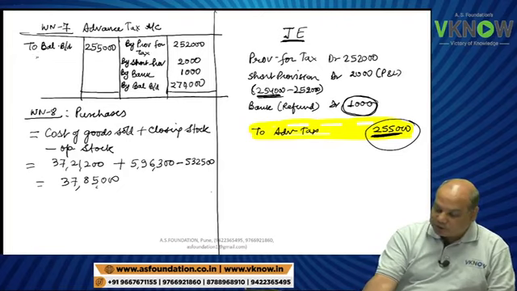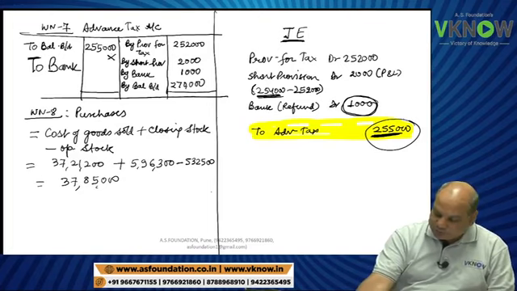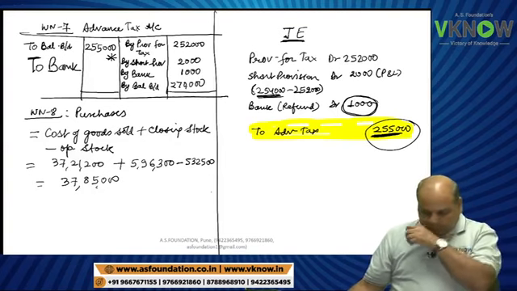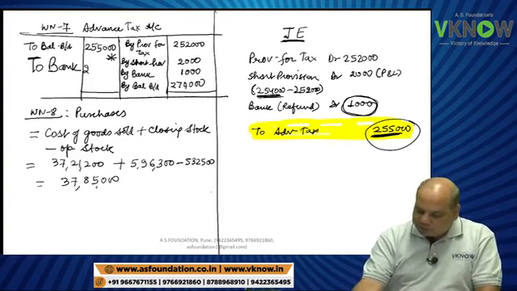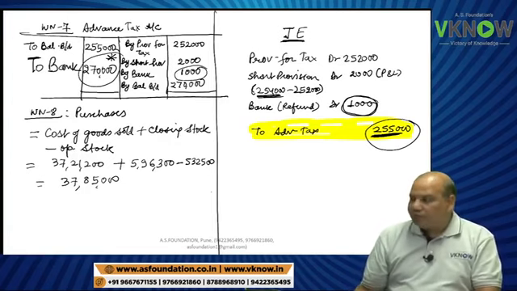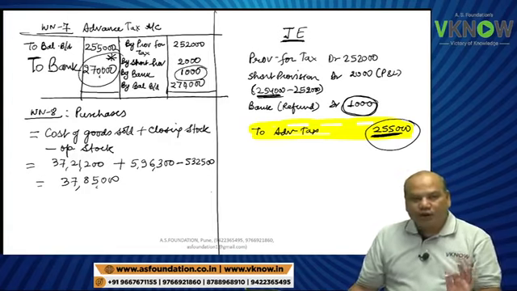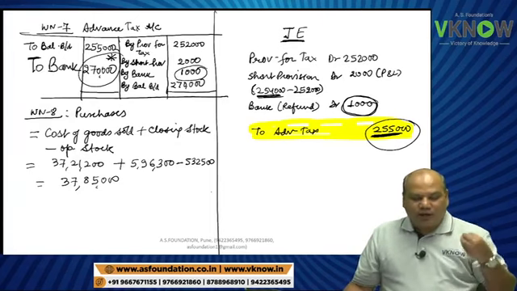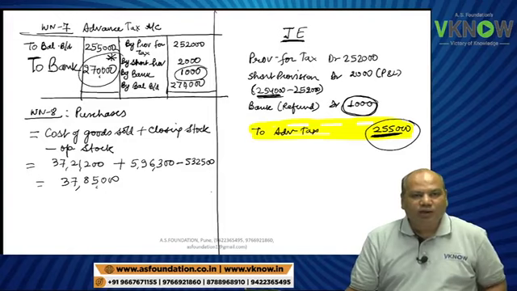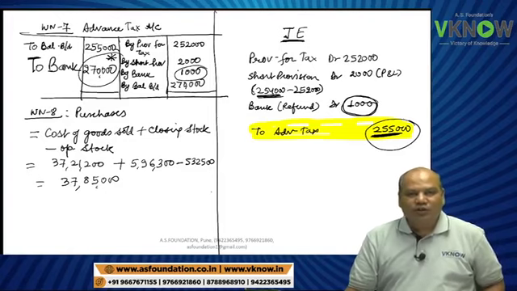Now the advance tax account is not telling, so the difference is to bank, current year. Current year advance tax paid is 2,70,000 and refund received is 1,000. Tax paid 270, tax refund 1. So net tax paid 270 minus 1, 2,69,000.